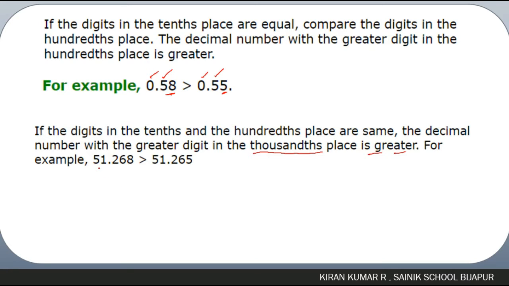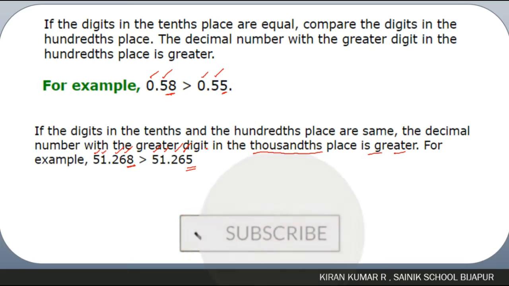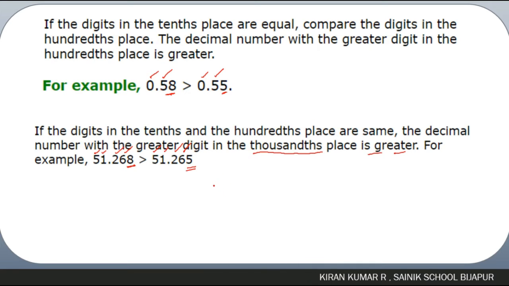For example, 51 is there as a whole part, 2 is there in the tenths place, 6 is there in the hundredths place. Now we will compare the thousandths place. Here the thousandths place is 8, larger than 5. That is the reason why 51.268 is greater compared to 51.265. This is how we compare.